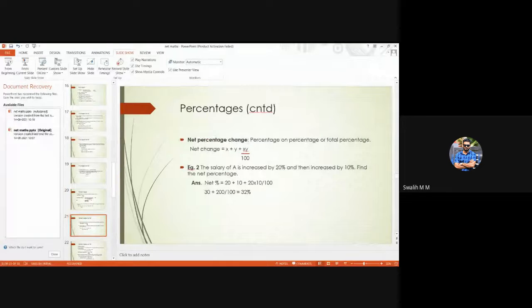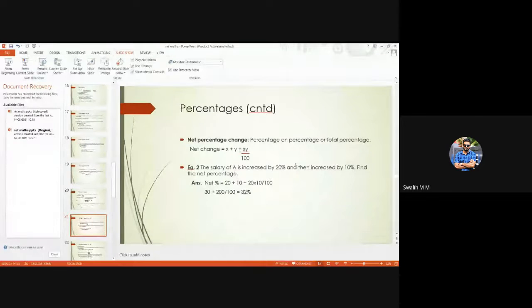Now moving on to net percentage change. Net percentage change means there would be given salary of A first increased by 20%, then increased by 10%. Find the net percent. It would be more complicated than that. I'm just giving how to solve this. Just how to find the total percentage. Total percentage, there is a formula: x plus y plus xy by 100.